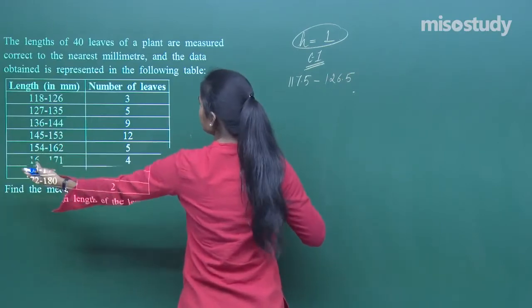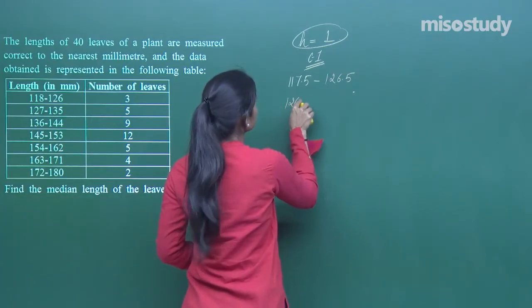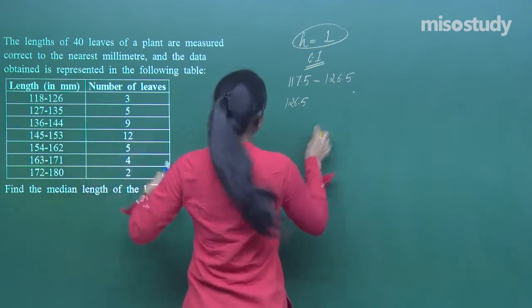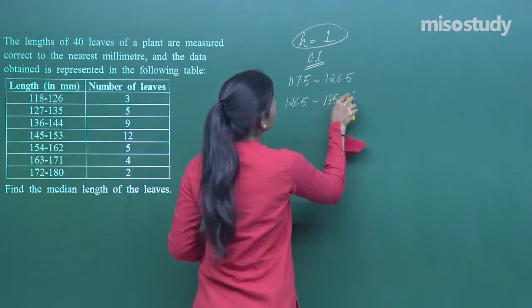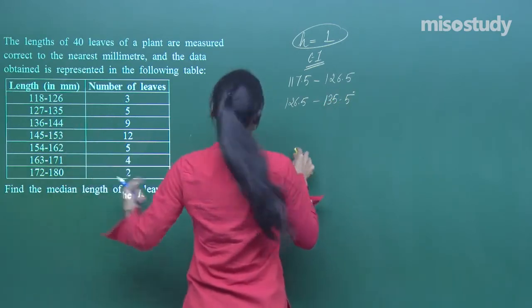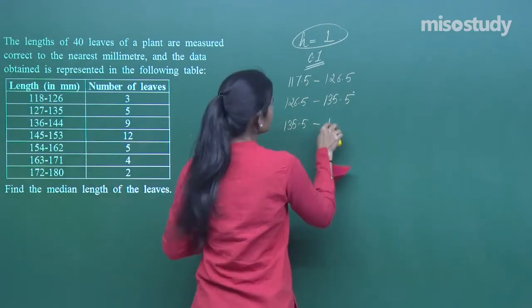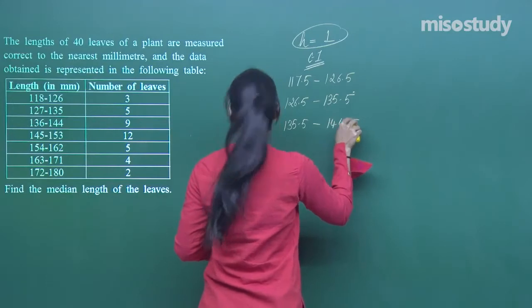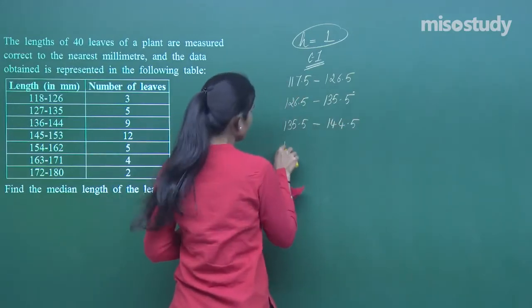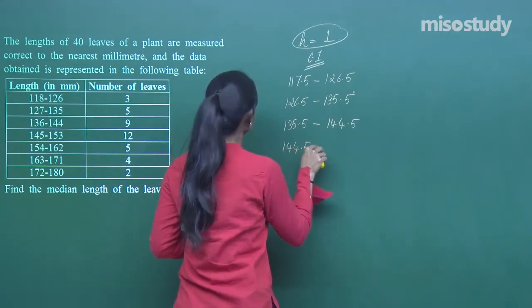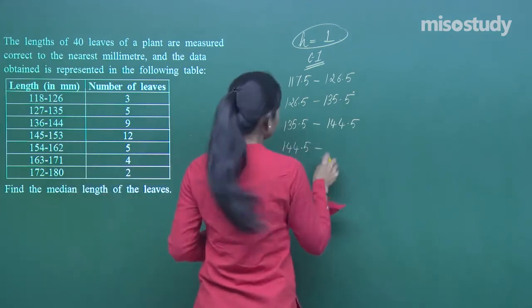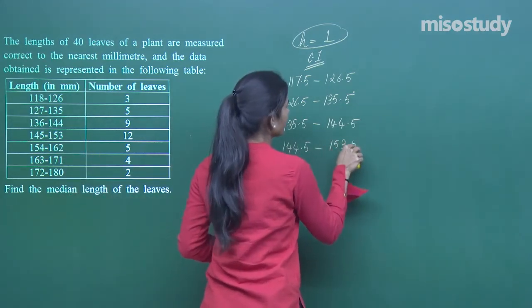Again 127 minus half, 126.5, 135 plus half, 135.5, 136 minus half, 135.5, 144 plus half, 144.5, 145 minus half, again 144.5, 153 plus half, it is 153.5.